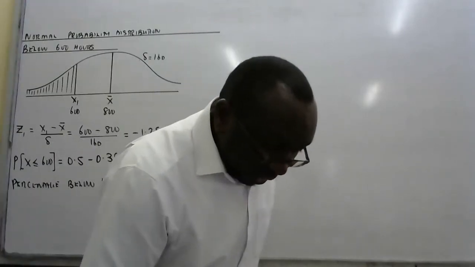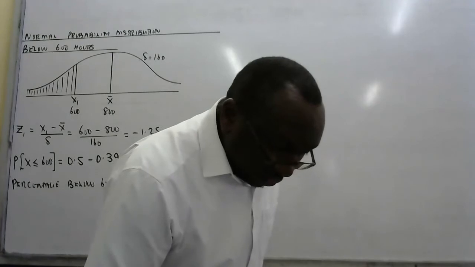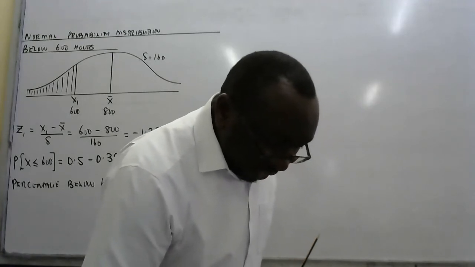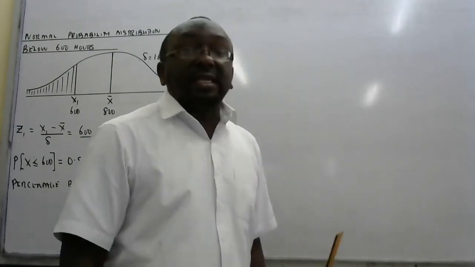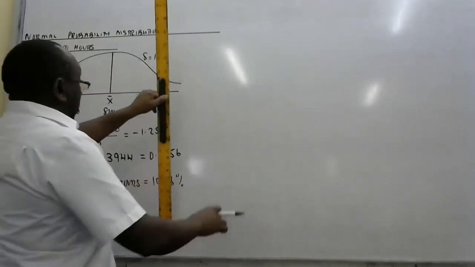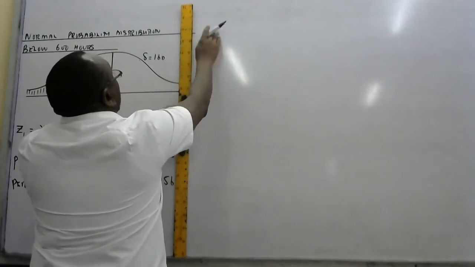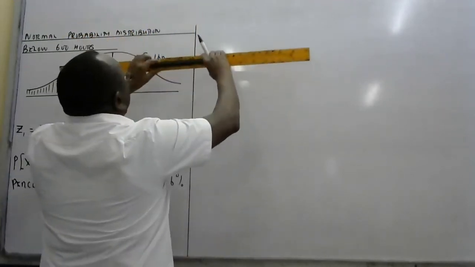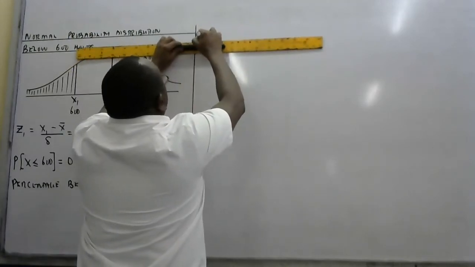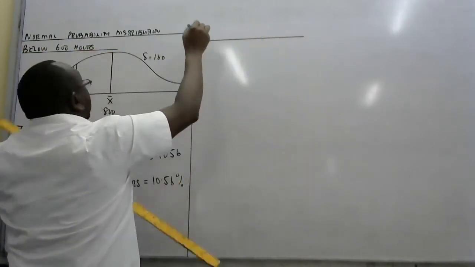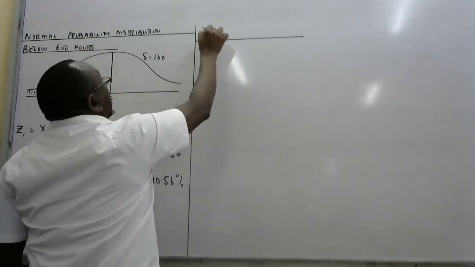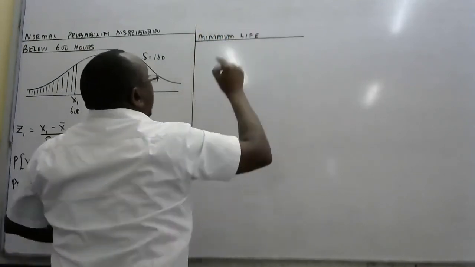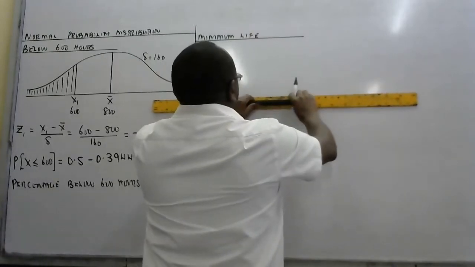Then, if the manufacturer wishes to replace only 1% of the components that have the shortest time, what value should be used as the guaranteed lifetime? So the minimum life, we want to replace just 1%.